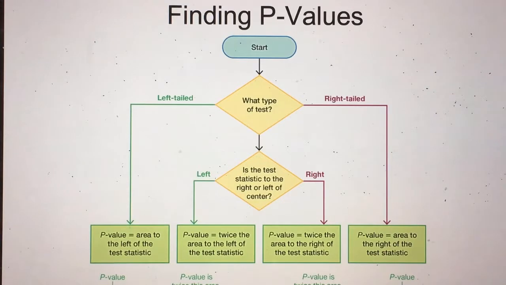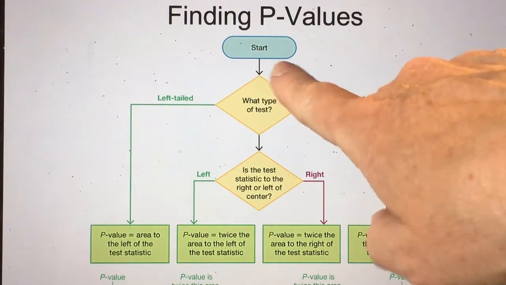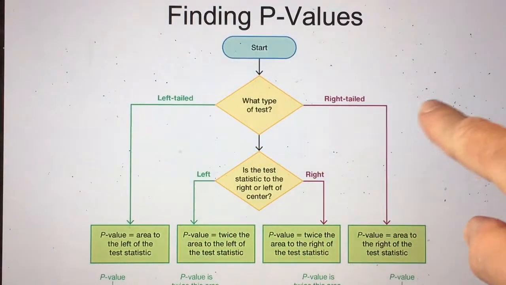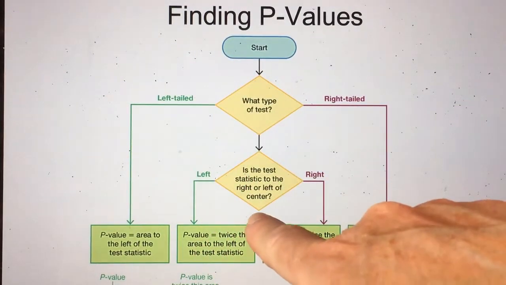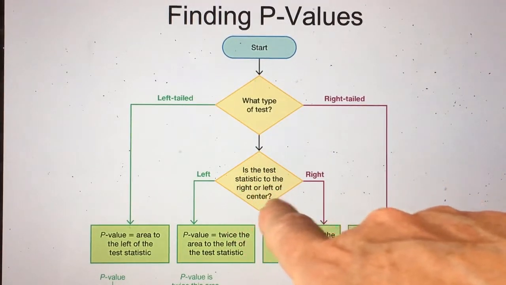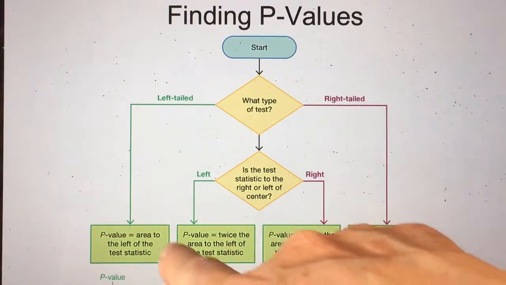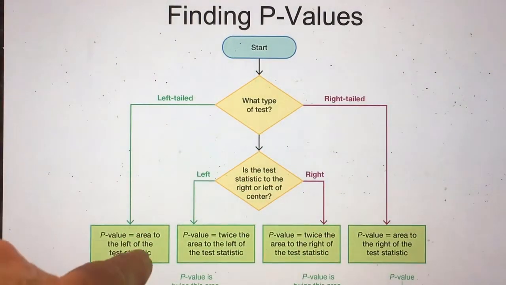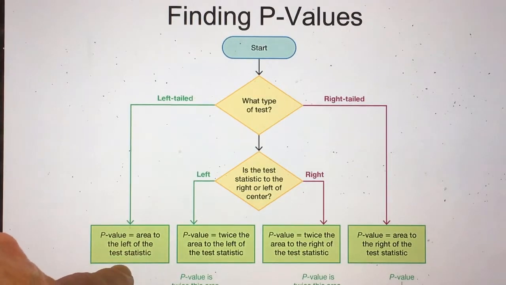So how do we find p-values? Okay, so up here, p-values, what type of test? Are we doing a left-tailed test or a right-tailed test, or is the test statistic to the left or the right of the center? Okay, so if we're doing a left-tailed test, the p-value is the area to the left of the test statistic.